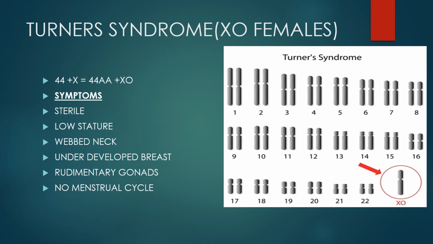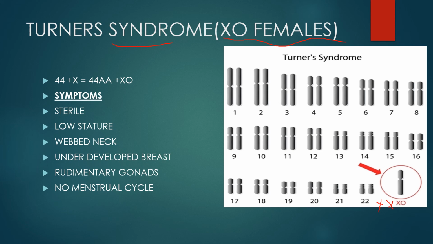Now let's learn the next allosomal abnormality, Turner syndrome. They are called XO females. Instead of 2 X chromosomes, which females usually have, here only 1 X chromosome is there. Again, this happens because of abnormality in the separation of chromatids during meiosis.